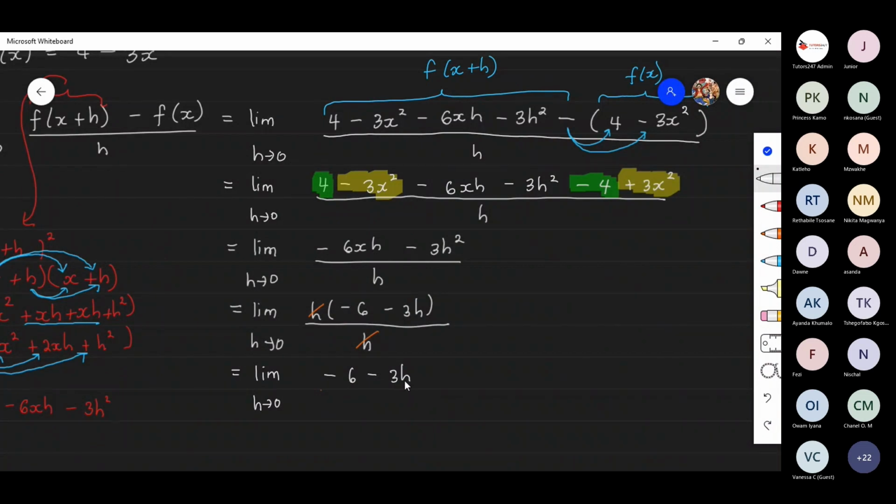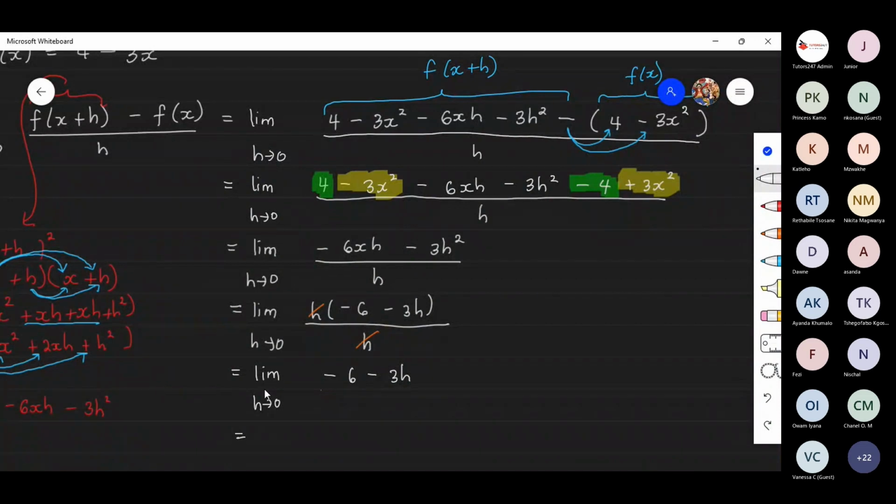So from this point, we can see that we no longer have a denominator of h, which means if we were to substitute h, we will not have 0 in our denominator position, meaning that this will not be undefined, which then means that we can now substitute h.